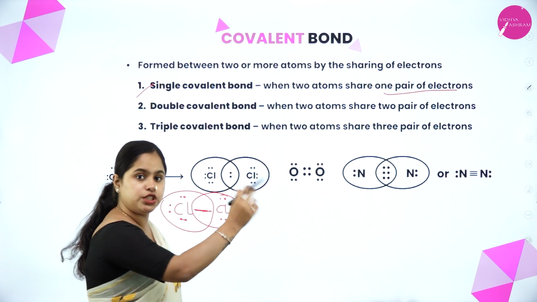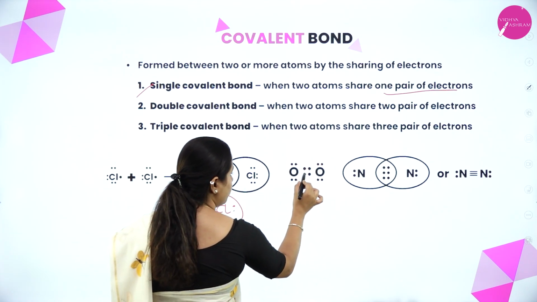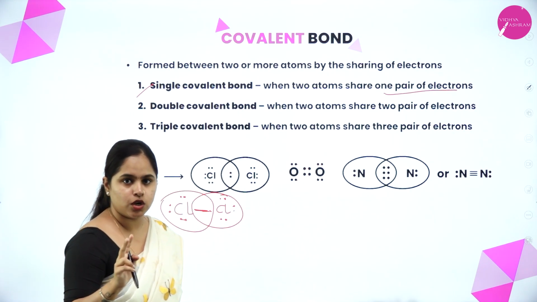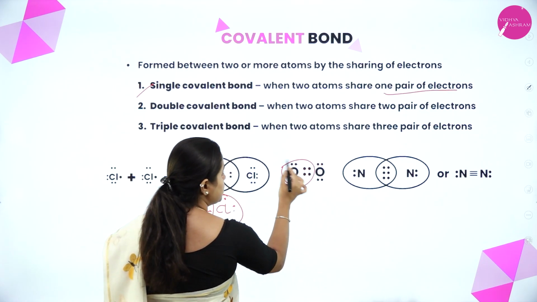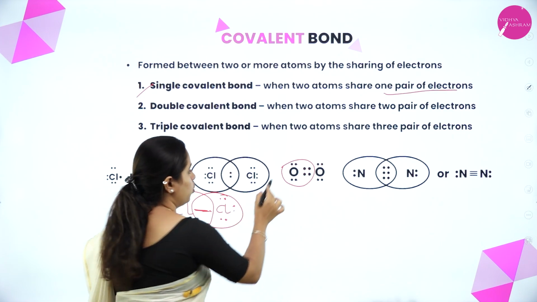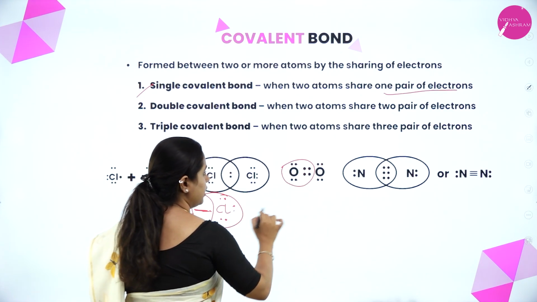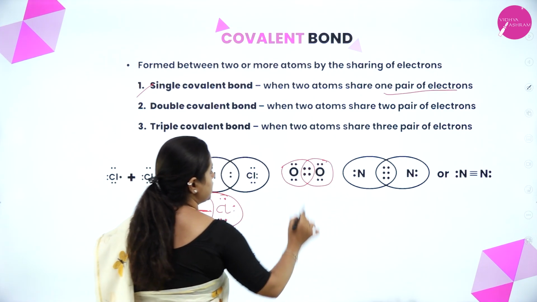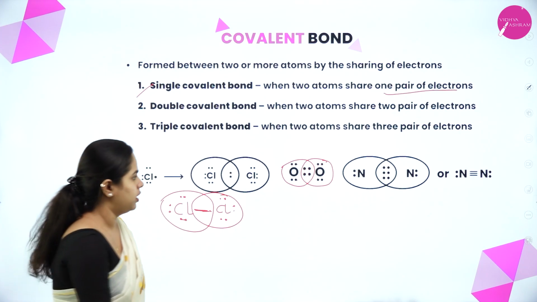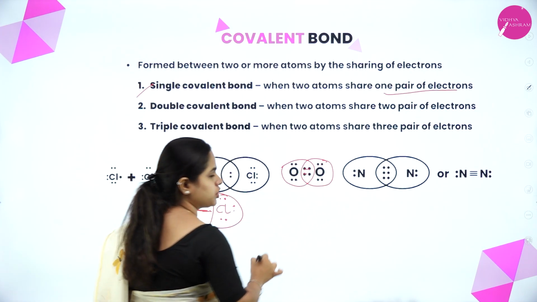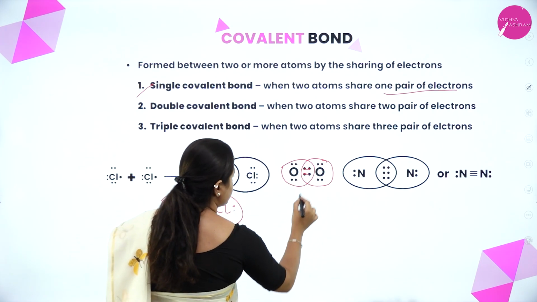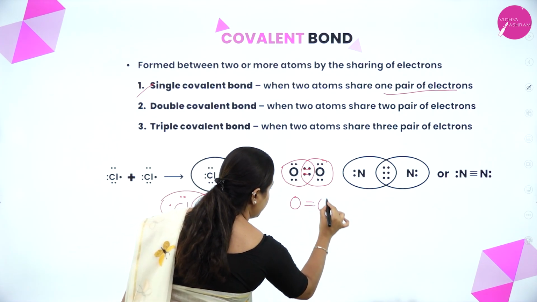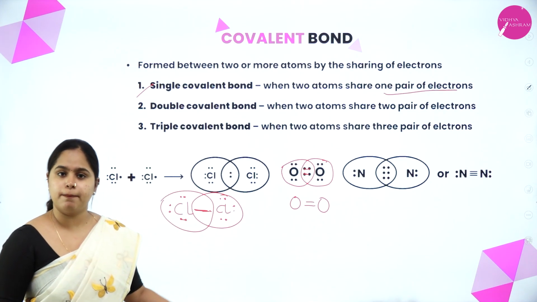Now, both of them share 2 pairs, or 4 electrons, with each other. So, this oxygen atom attained its octet, 1, 2, 3, 4, 5, 6, 7, 8, and even this oxygen atom attained its octet. There are 2 pairs of electrons shared between them, so that becomes O double bond O. So, this is a double covalent bond.